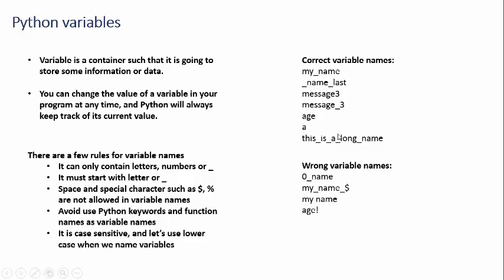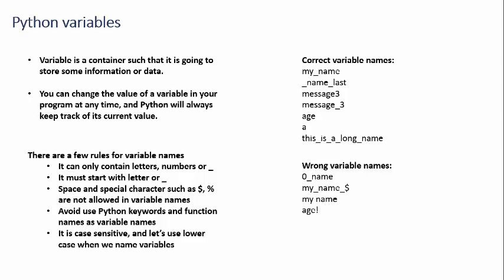So this is the definition of variables and how we can name a variable. There are some rules we have to follow. If you define your variable with the wrong name, Python is going to complain and mention it's not a right variable name, and then you have to correct it.